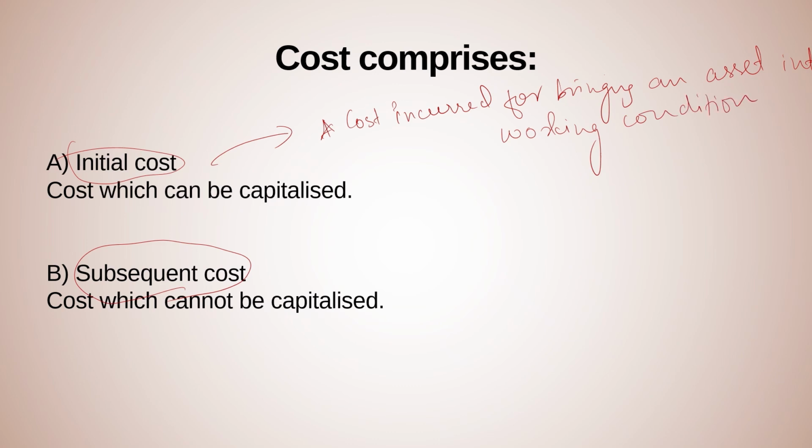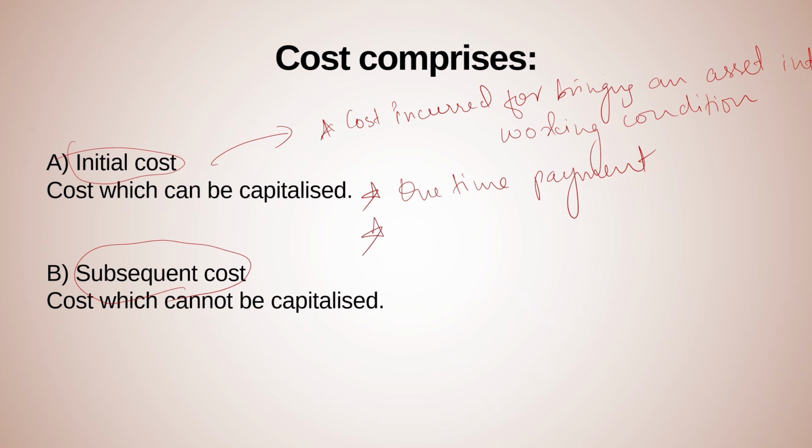So the cost for bringing that asset into the location and working condition will be included in initial cost. Then which cost will be included? One-time payment will be included in initial cost.